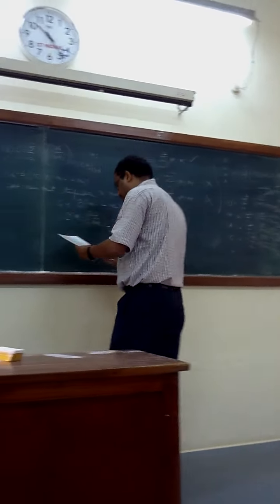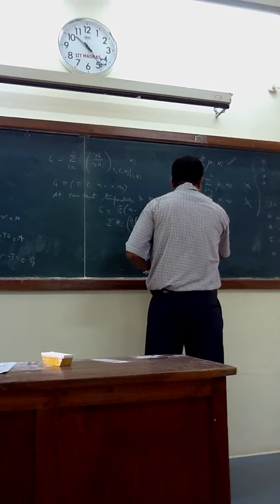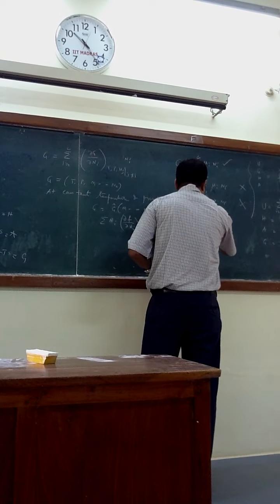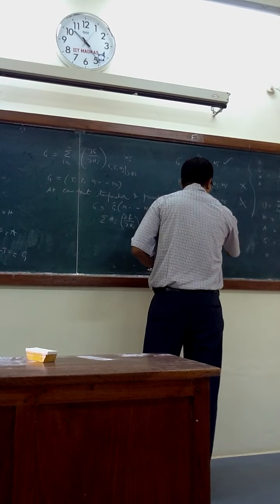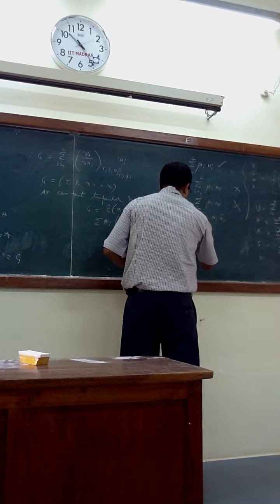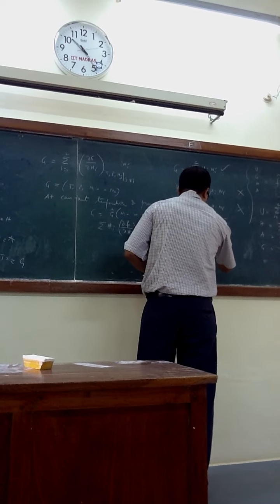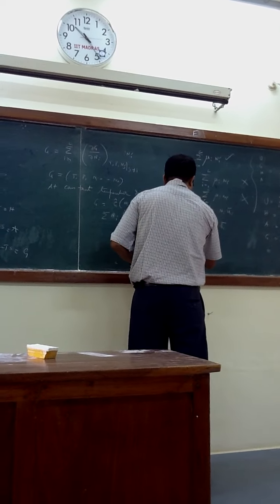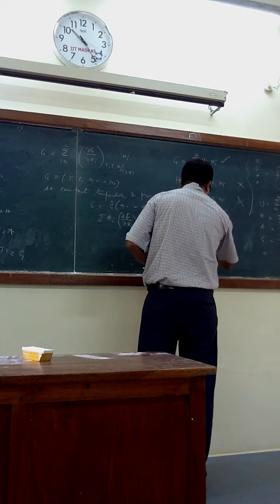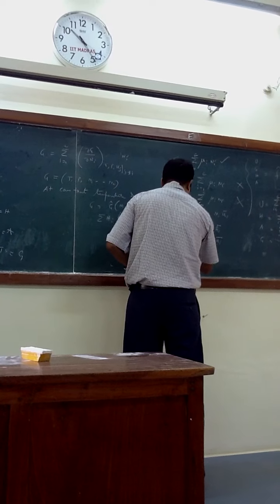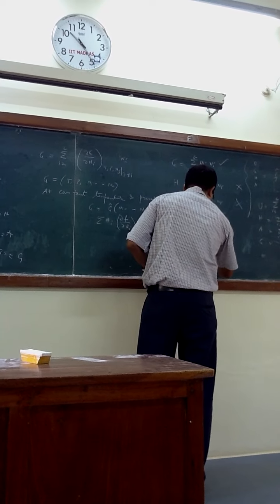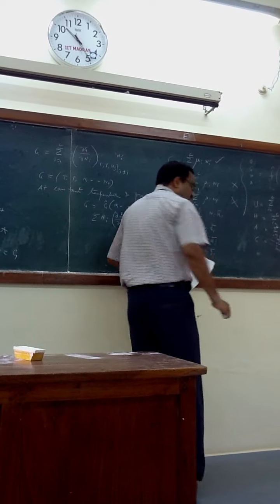So our expression for a mixture is U equals summation i equals 1 to C of Ni Ui bar, H equals summation i equals 1 to C of Ni Hi bar, A equals summation i equals 1 to C of Ni Ai bar, G equals summation i equals 1 to C of Ni Gi bar.